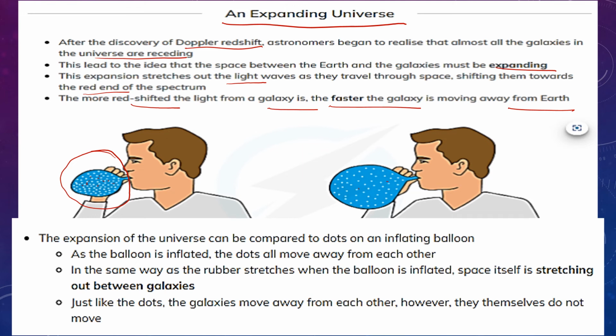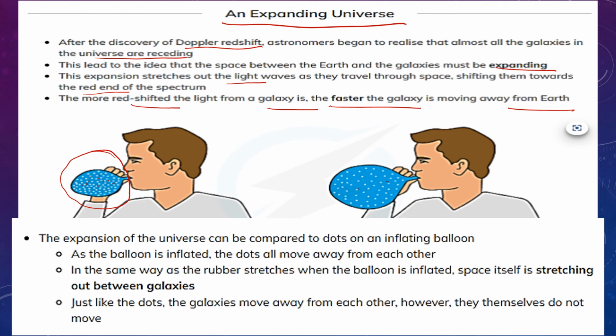And if the galaxy is farther away from us, it is traveling faster, and if the galaxy is closer to us, it is moving slower. This is because of gravity as well. If the galaxy is far away, it is under less gravitational force from other galaxies. That's why it is moving faster.